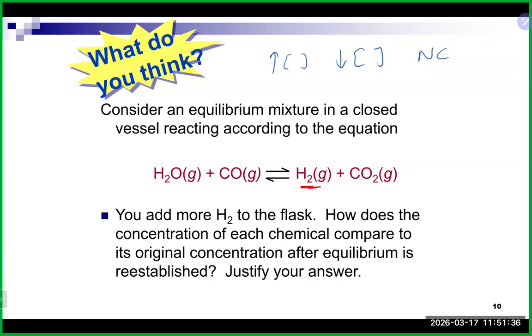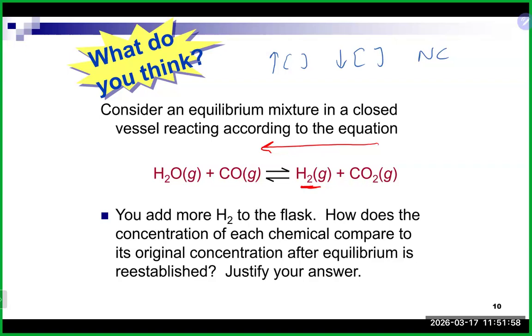Yeah, so again, for the same sort of explanation as what we had in the previous one, in this case, though, we're now adding more products, right? So now the availability of our products is going to be more than our reactants, and that's going to allow them to come together a lot more efficiently. And that should kick off, again, the reverse direction in this case.